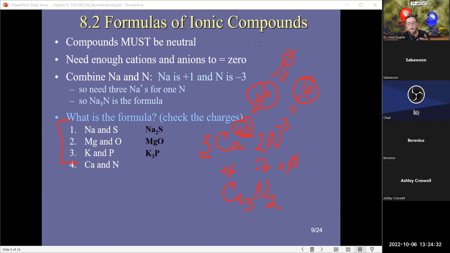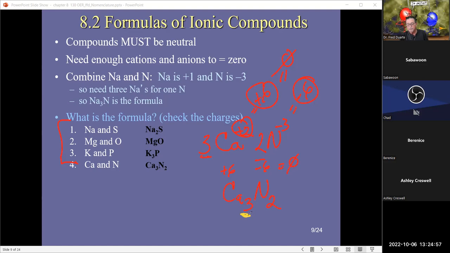And maybe you can also pick up on somewhat of a guideline to help you here. Let me write the formula out. There's a formula, but think about this for a second. The subscript, let me change to a different color here. The subscript of the cation, okay, listen carefully.